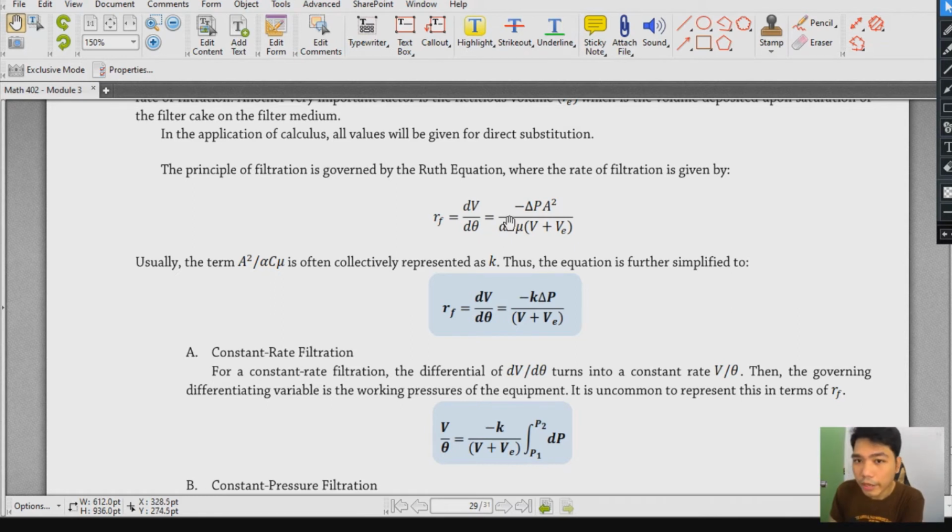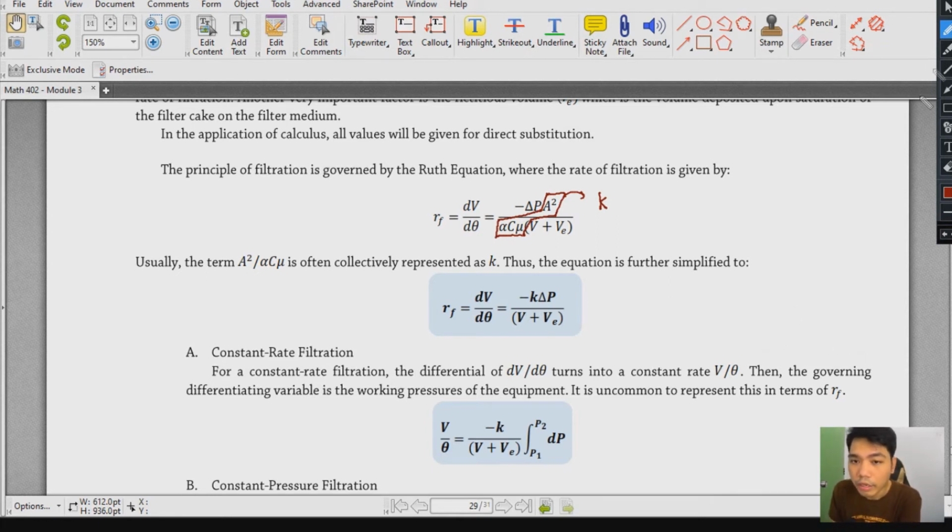That is equal to the negative differential pressure area squared divided by alpha C mu V plus V sub E. So hopefully nakita nyo na lahat ng mga variables na to dun sa previous discussion. No? So ito naman lahat, di ba sabi natin, these are constants. So constant tong area, constant ang alpha, C, mu. So we can take all of this as your K. Meaning, nilamp up natin sila lahat as a constant.